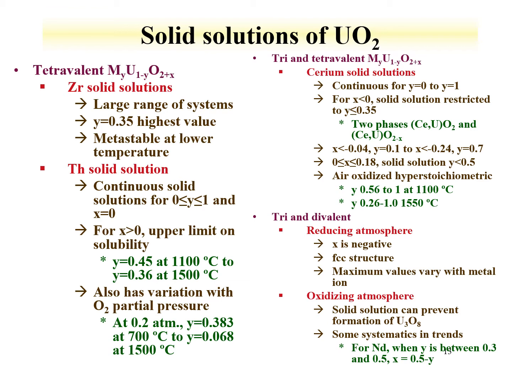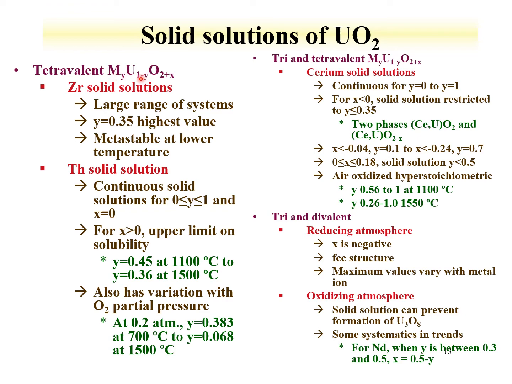So if I were to take a compound and exceed where Y is 0.35, in an atomic ratio of 35% by atom uranium.